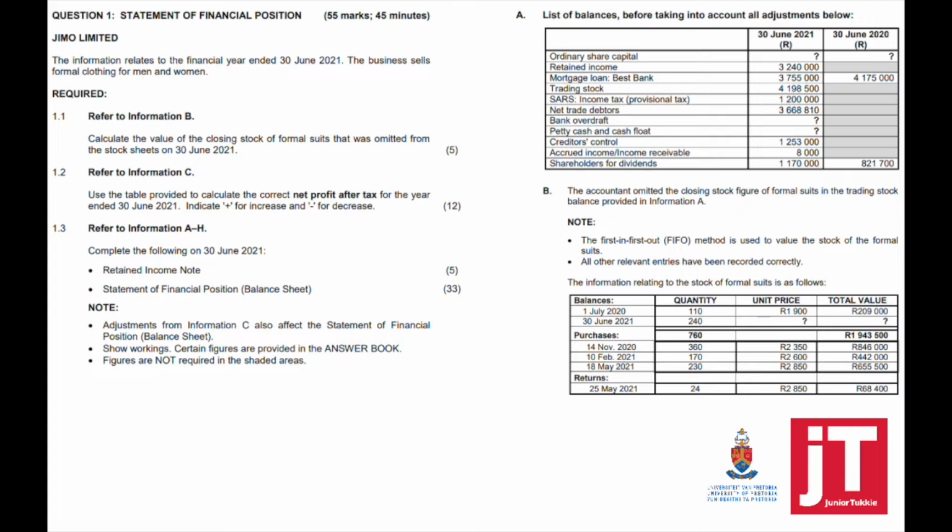So when you're doing this question, make sure while you're completing the adjustments, at the same time, you record the transaction in the statement of financial position. So we will now first focus on completing the adjustments.